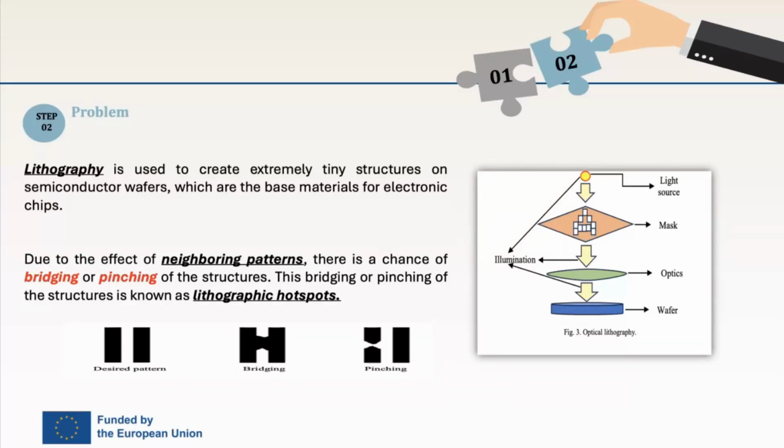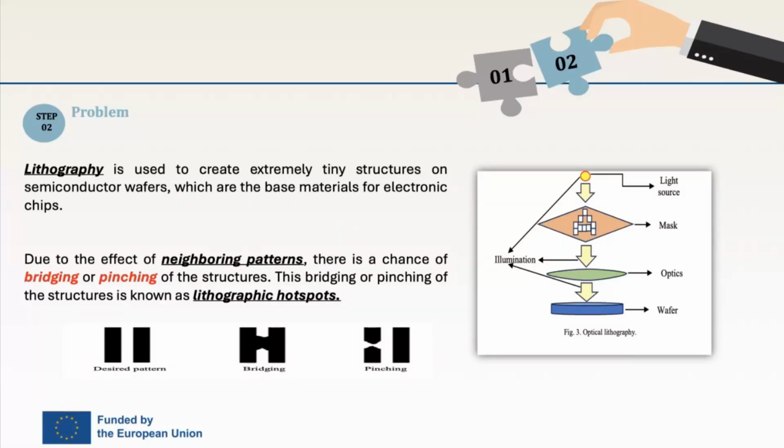So in some cases, as a result of neighboring patterns or the feature shrinks, we could have some hotspots in the lithography. What we mean by hotspot, for example, as we can see here in the black images, we can have bridging or branching.